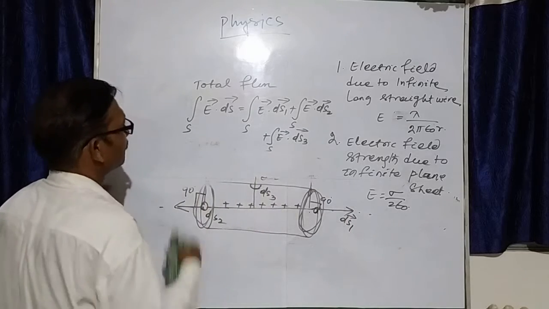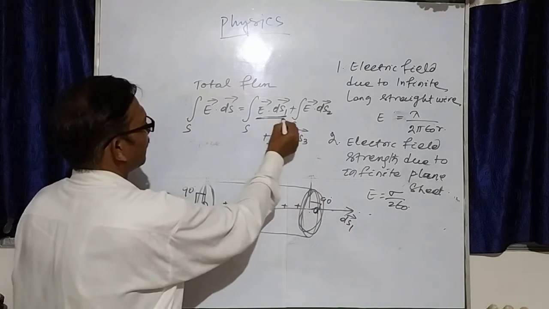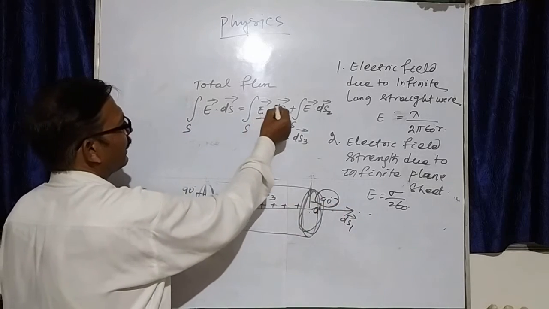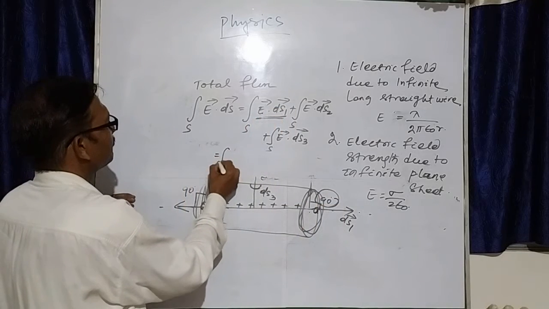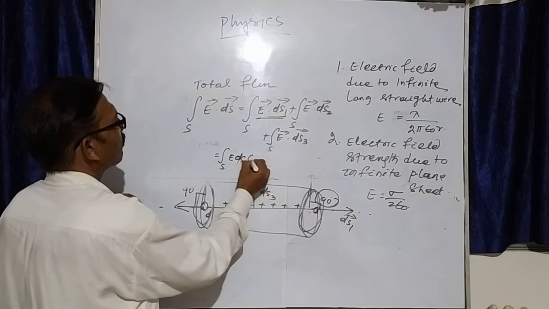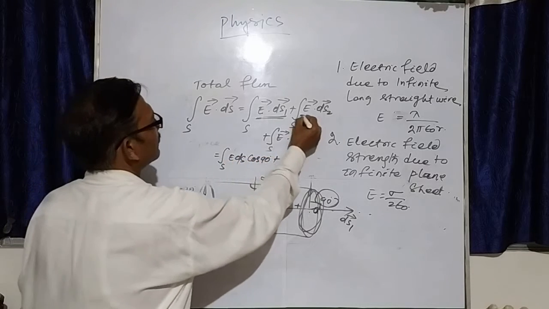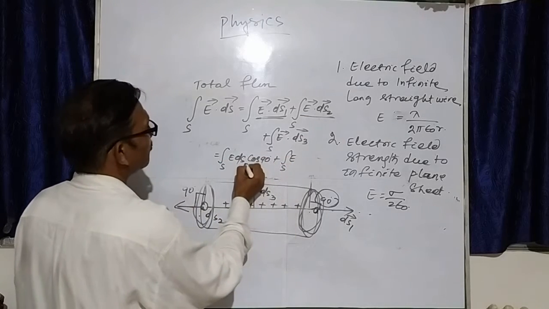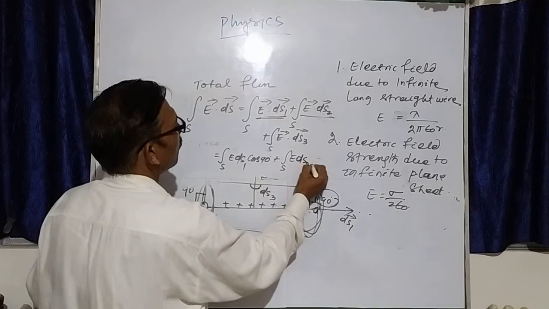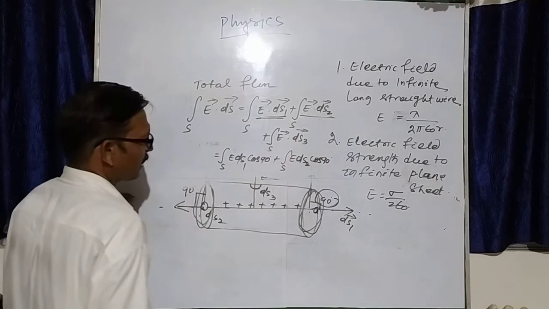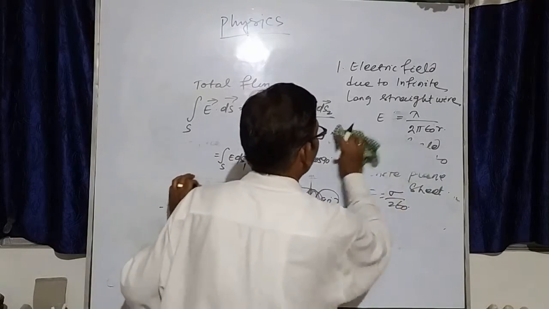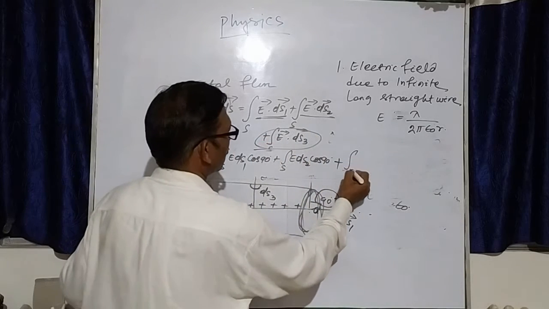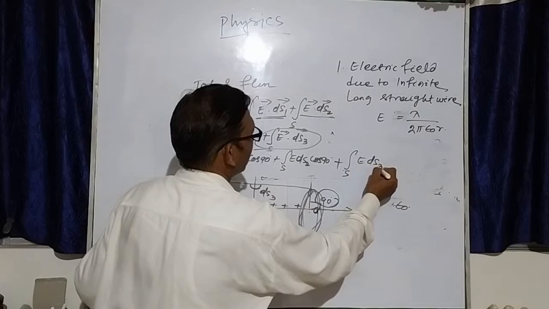You see ds1, A dot B, the angle is 90 degrees. So E ds cos 90, plus for this S2 the angle is also 90, so E ds2 cos 90, plus E ds3 cos 0.